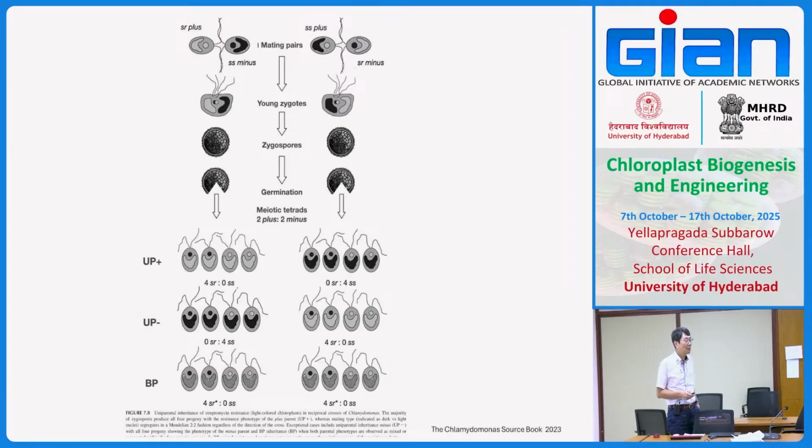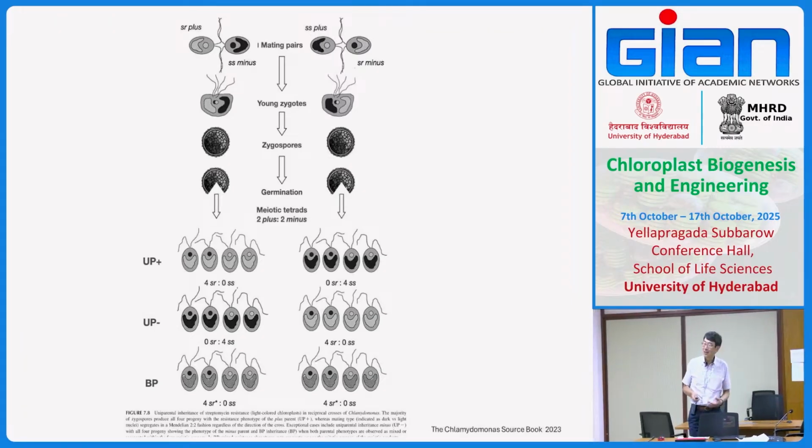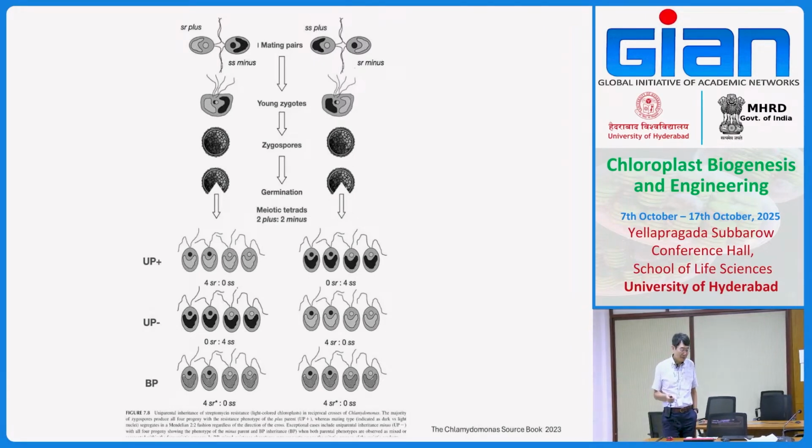That is very important for studying photosynthesis. There are plenty of collections of mutants deficient in photosynthesis, and we usually use these mutants to analyze photosynthesis. That is one of the very important advantages of using Chlamydomonas as a model organism.